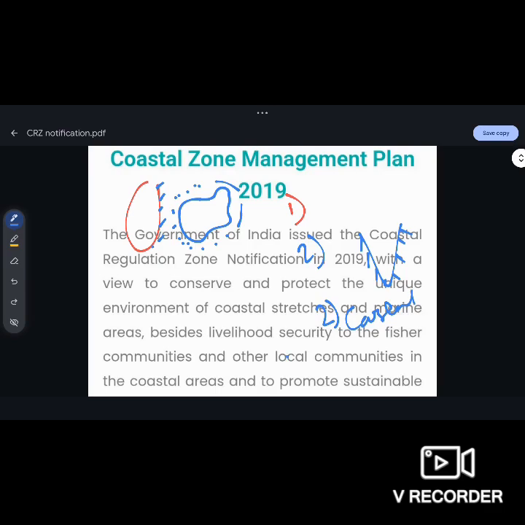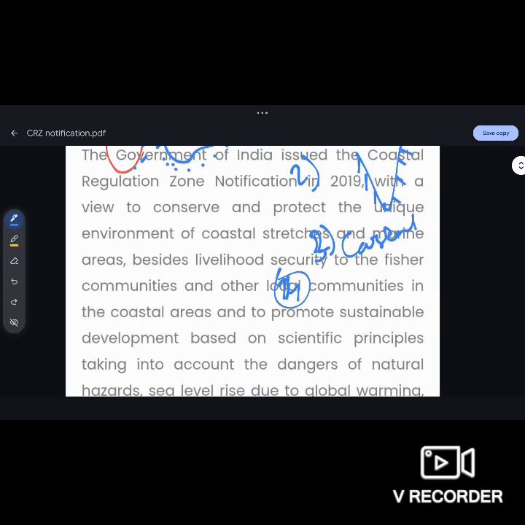The fourth and foremost need is the protection of coastal ecology and maintaining the fragile balance in coastal areas. We know that the coastal areas harbor various species like mangroves, corals, and other marine organisms. We also have to protect them.